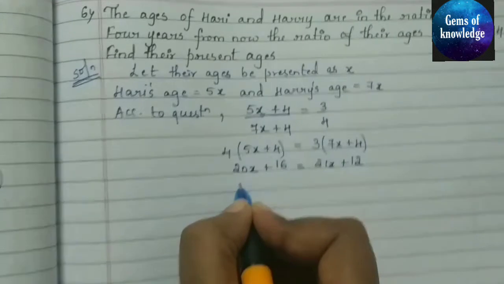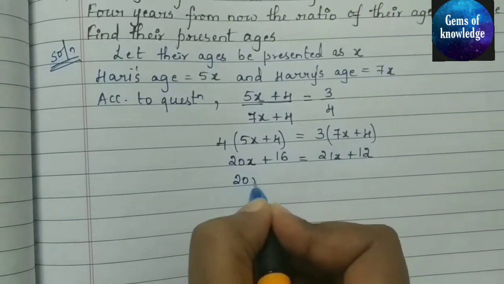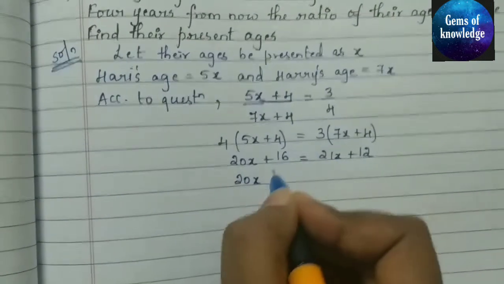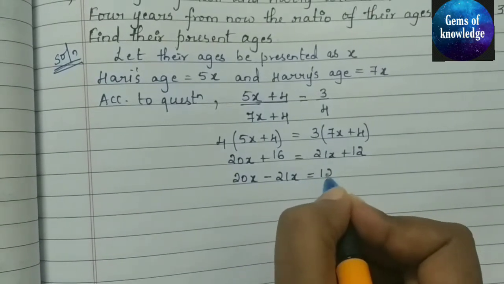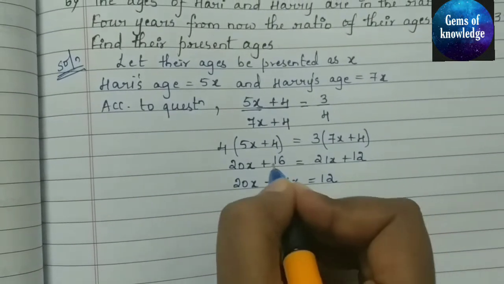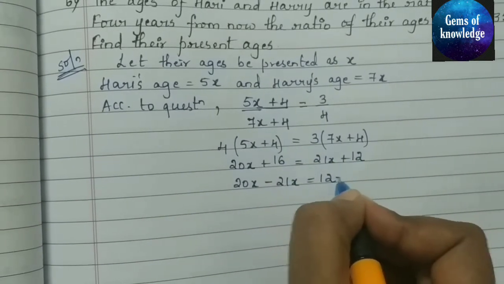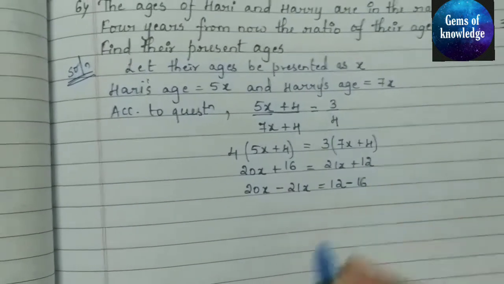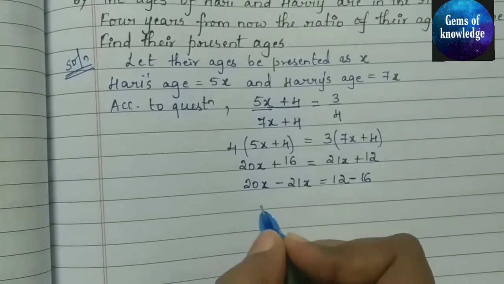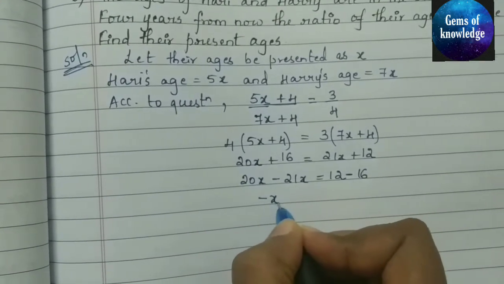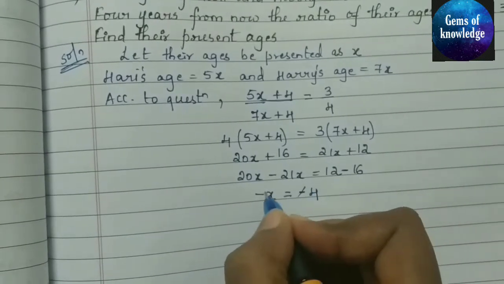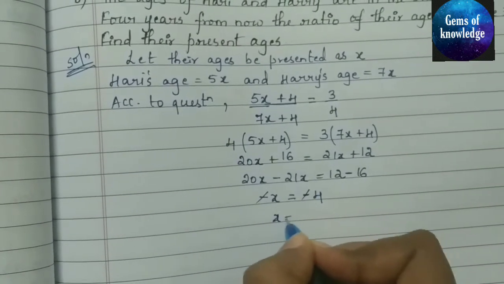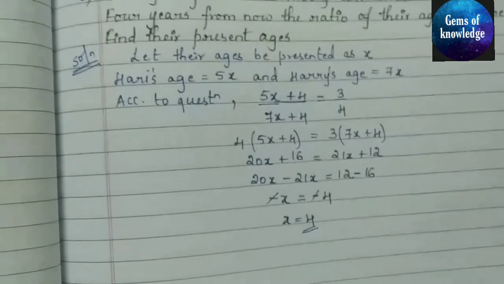So this will become 20x. When we bring this to this side, it will become minus 21x, which is equal to 12, and when we bring this to this side, it will become minus 16. So 20 minus 21 is nothing but minus x, which is equal to minus 4. Here minus and minus will cancel. x is equal to 4 is the answer.